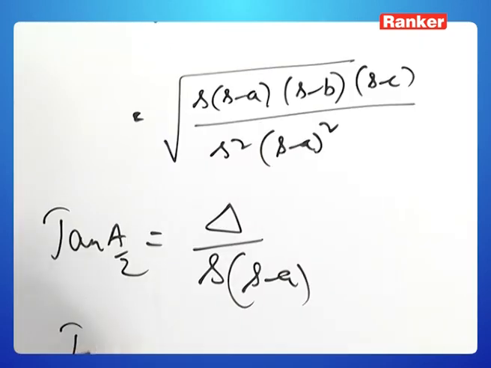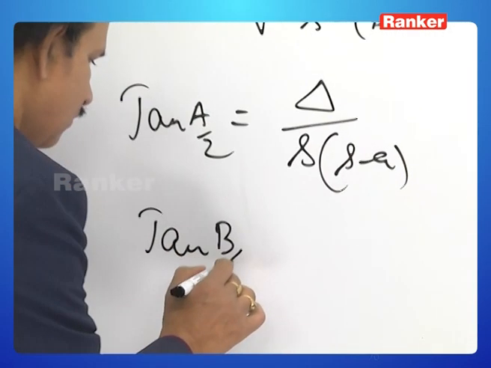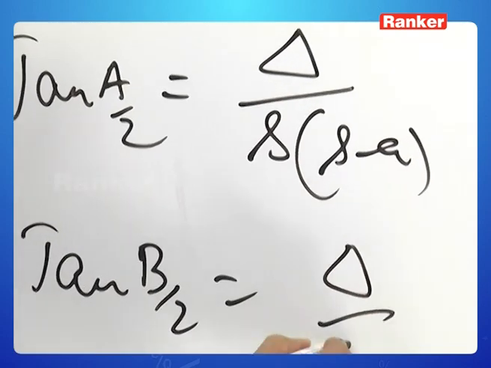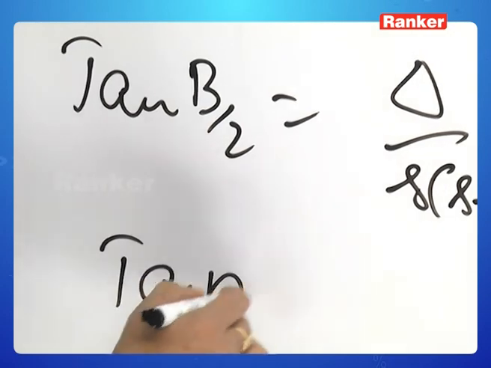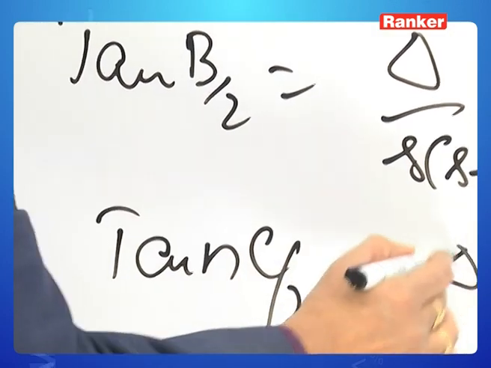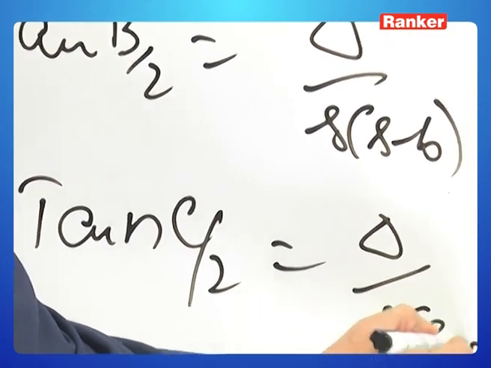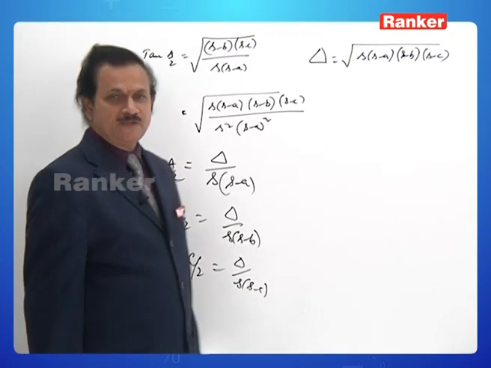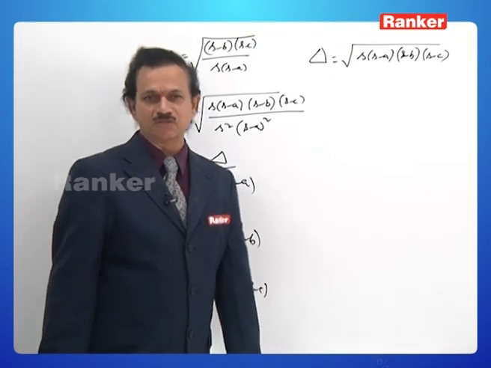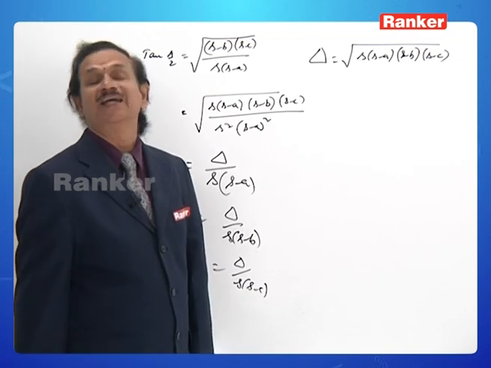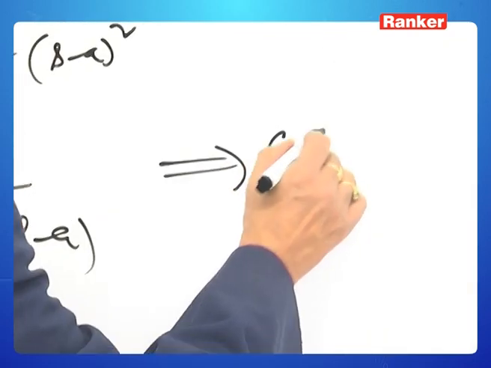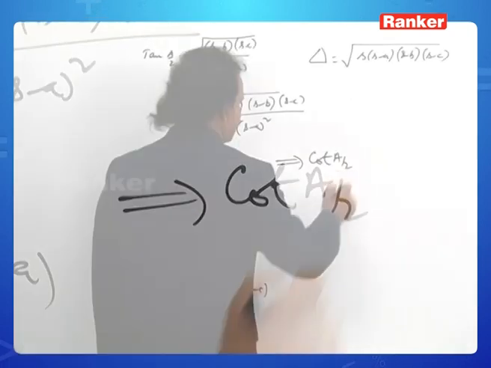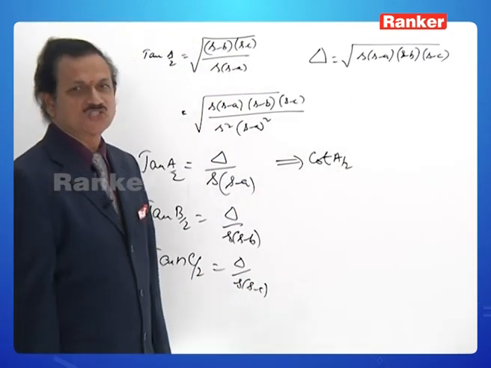In a similar way, tan B by 2 is equal to delta by S into (S minus B), and tan C by 2 is equal to delta by S into (S minus C). Moreover, the benefit of noting this simplified form is that you can have cot A by 2, cot B by 2, cot C by 2 directly. What is cot A by 2?